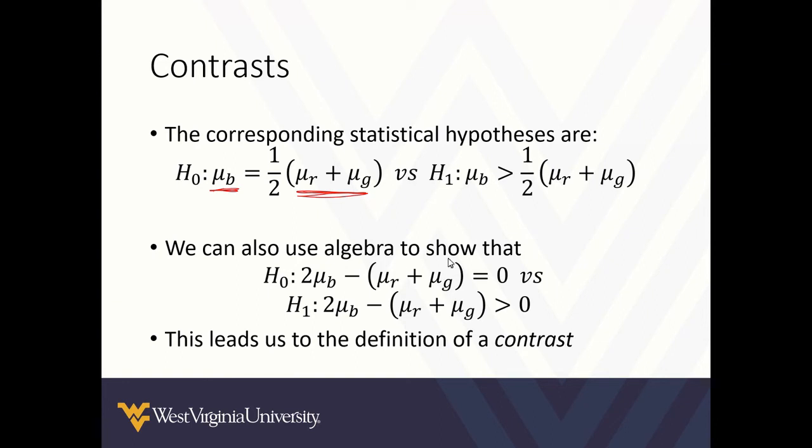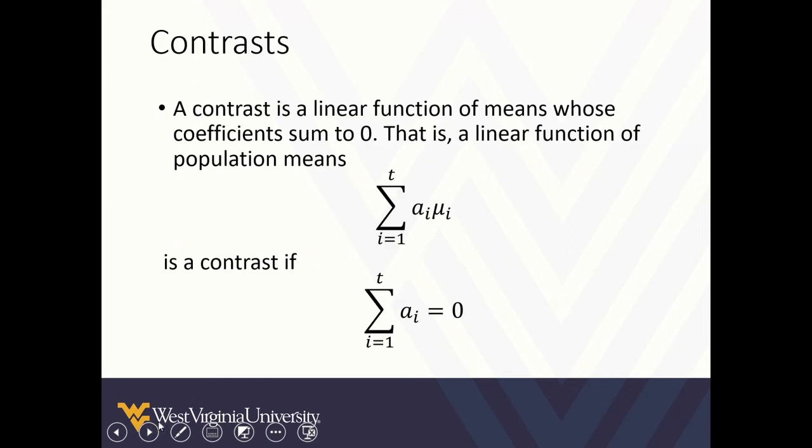You will notice that I have these interesting coefficients. And the reason for that is we are looking at 2 averages versus 1 average. And so to keep our design balanced, we have to weight them equally, which leads to our definition of contrast.